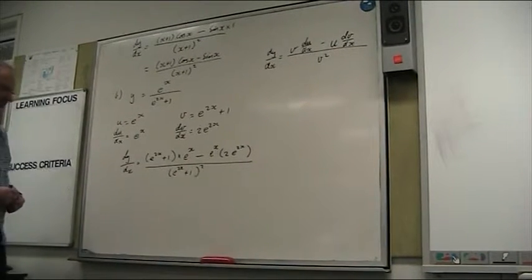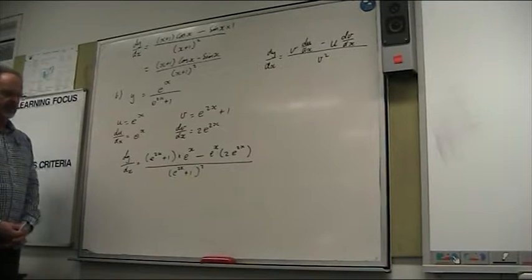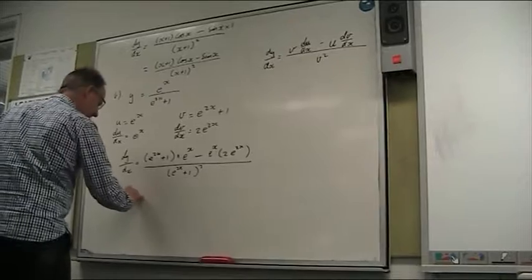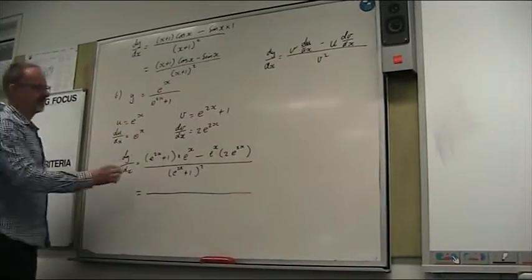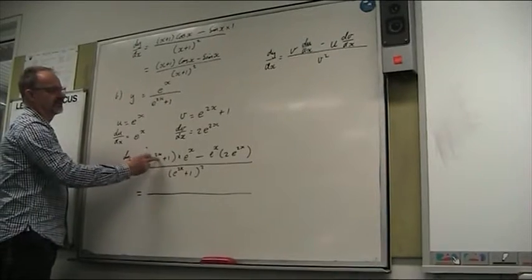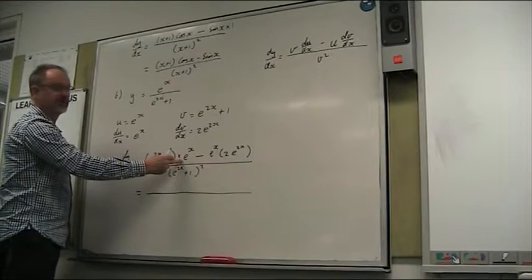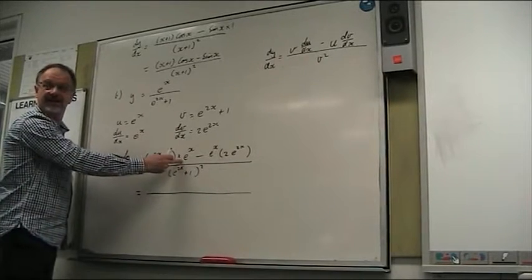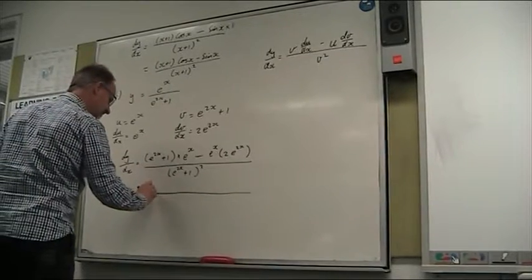Alright, and then we would have a look and see whether there's anything that we can simplify, and there probably will be. So if I expand this out, e to the 2x times e to the x is e to the 3x, yep, because when we're multiplying we add the indexes.